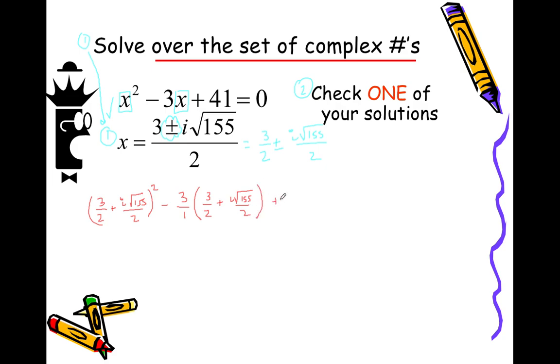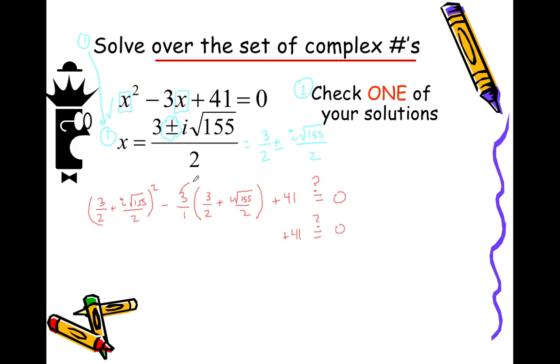And then I'm going to add 41. And if I do my algebra right, and I've done my quadratic formula right, what am I going to get? 0.